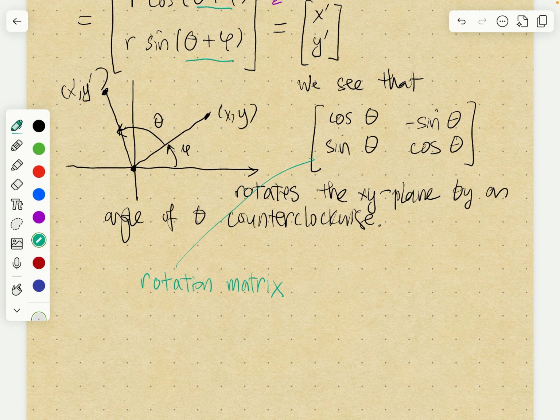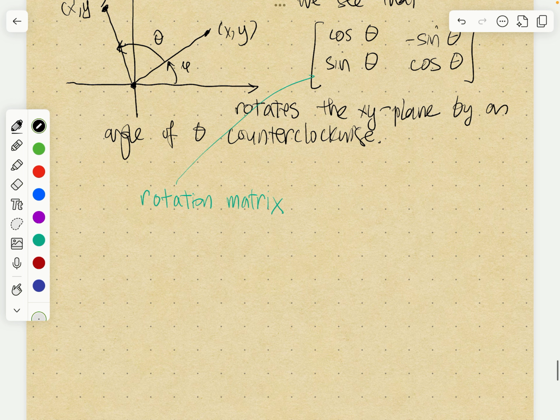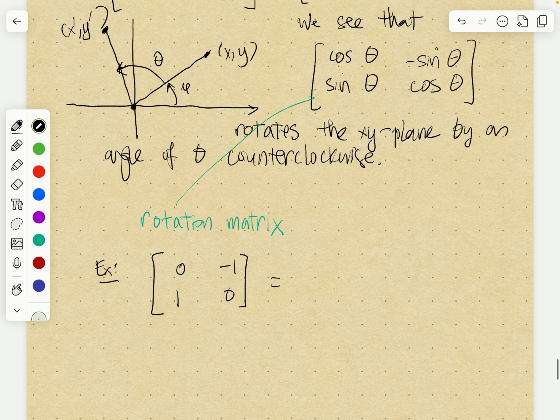So for instance, an example of a rotation matrix would be if you had 0, 1, negative 1, 0. Now do you see what theta will give you that? In radians, it's cosine of pi over 2.